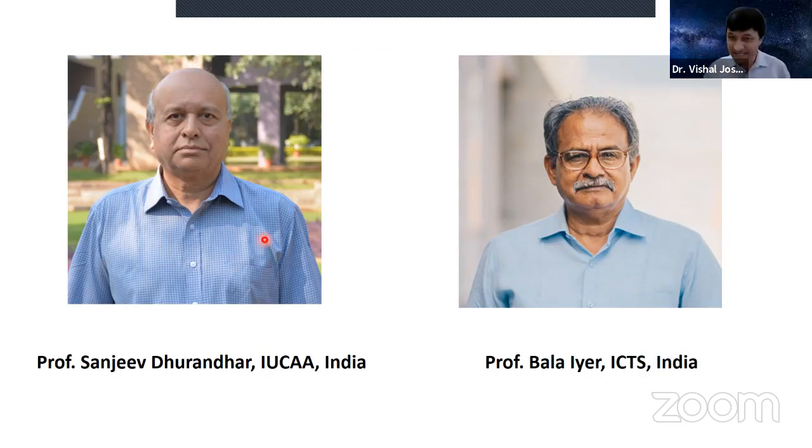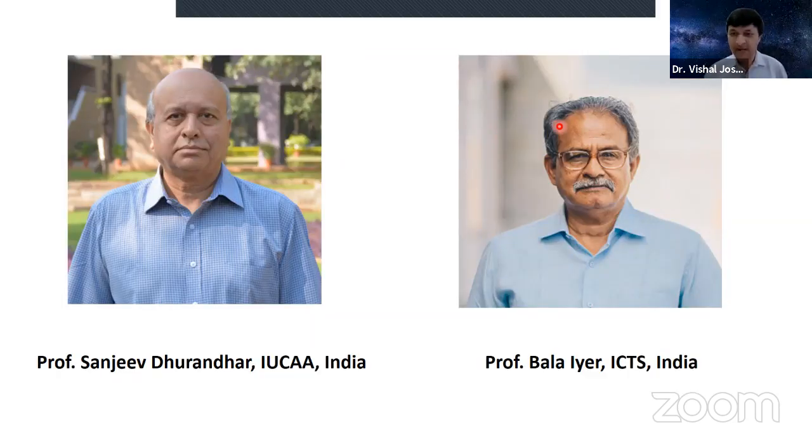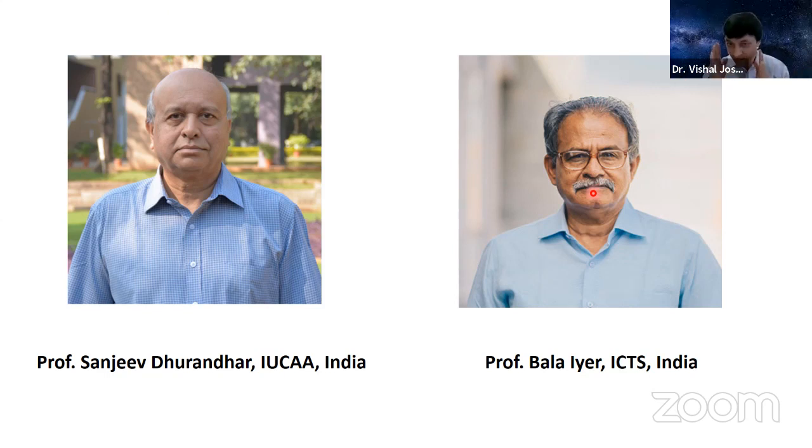These two Indian scientists, remember, not of Indian origin, they are still in India, working in Indian institutes. These two scientists contributed significantly to this discovery, to this signal. This is Professor Bala Iyer working at ICTS India, and he and his team have developed mathematical models for binary black holes of different masses, different distances, and different conditions, and they produce the expected signal.